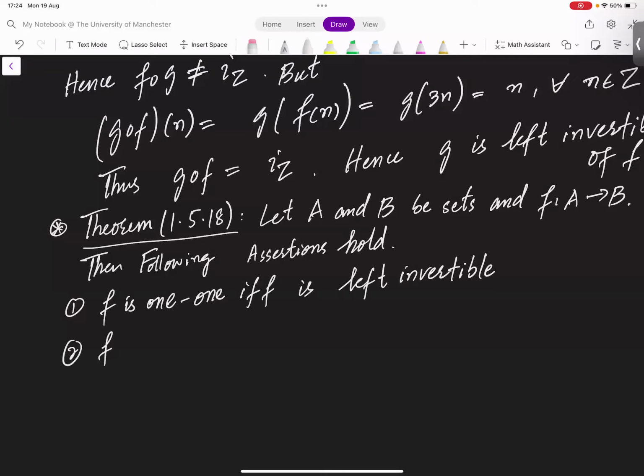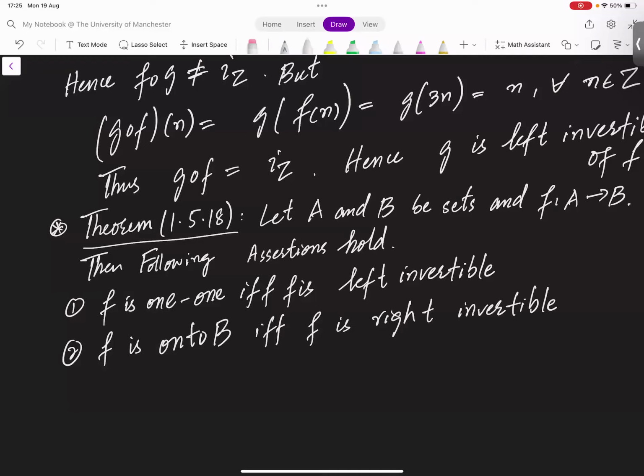Two, f is onto B if and only if f is right invertible.